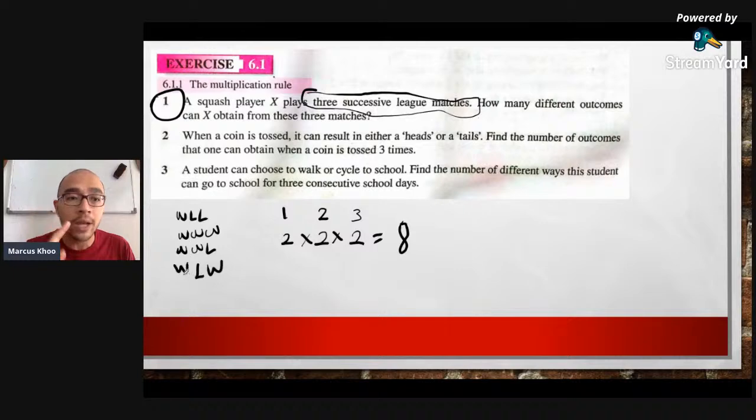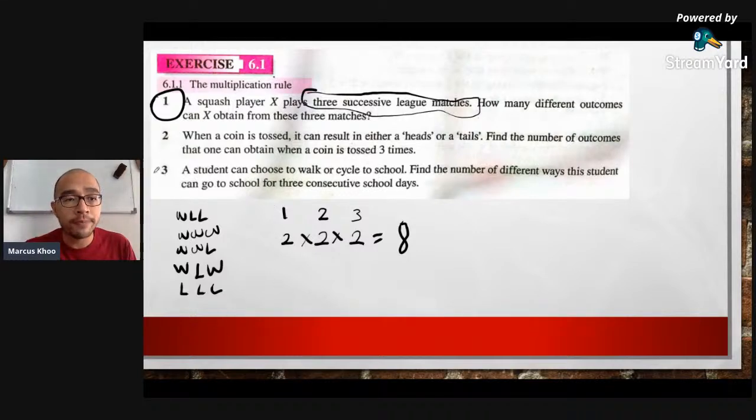Win, win, lose, and win, lose, win are 2 different arrangements altogether. So in permutation, the important thing you must remember is that the arrangement is very important, because every arrangement is a permutation. I think you can figure out what the other 4 are. Of course, one more is lose, lose, lose. He lost all 3. It's a very bad squash player. Figure out the rest of the 3 on your own.